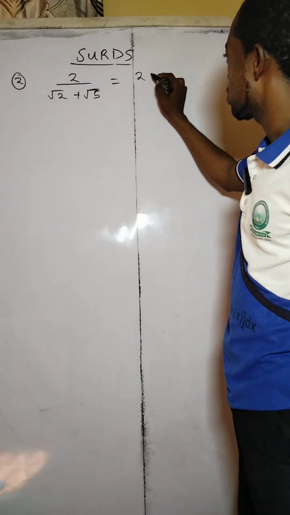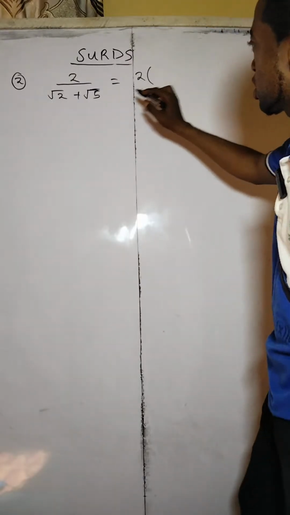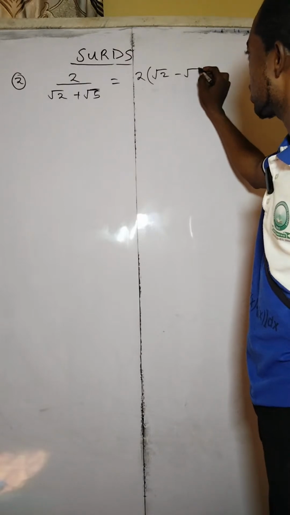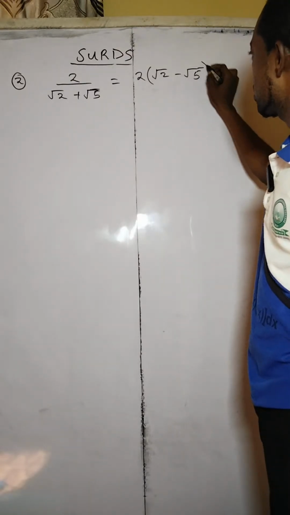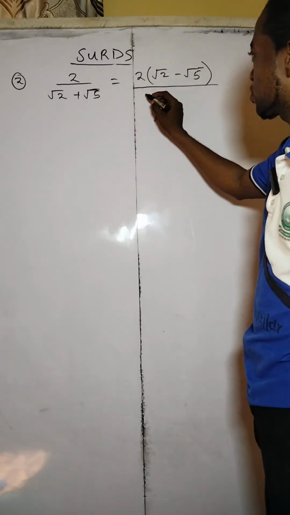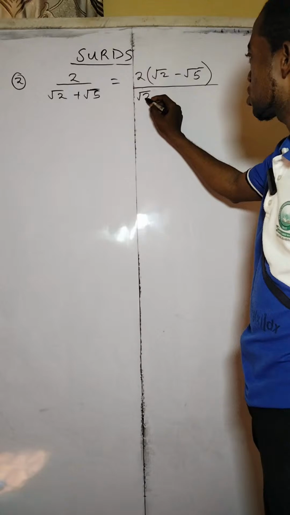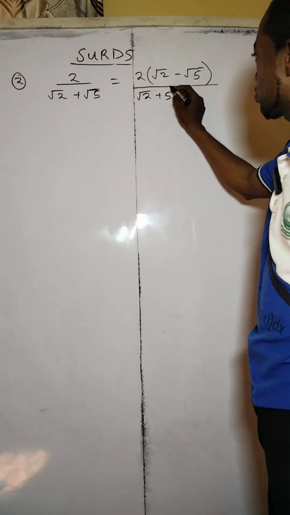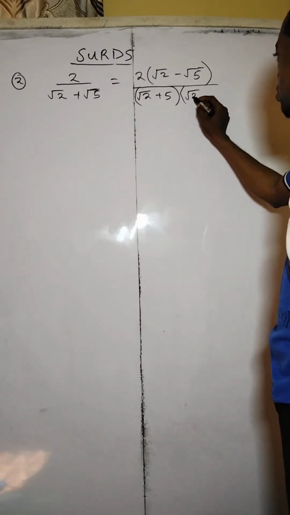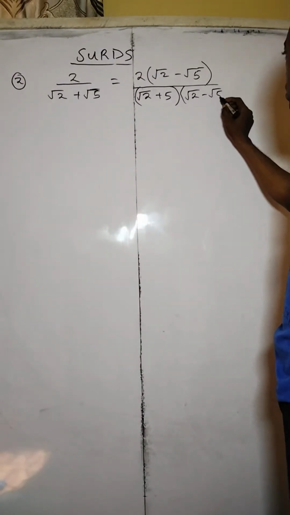It implies here we multiply 2 times the conjugate. Here we have root 2 minus root 5, then into brackets, then divided by, also multiply this by the same conjugate. That means we have root 2 plus root 5 multiplied by root 2 minus root 5.